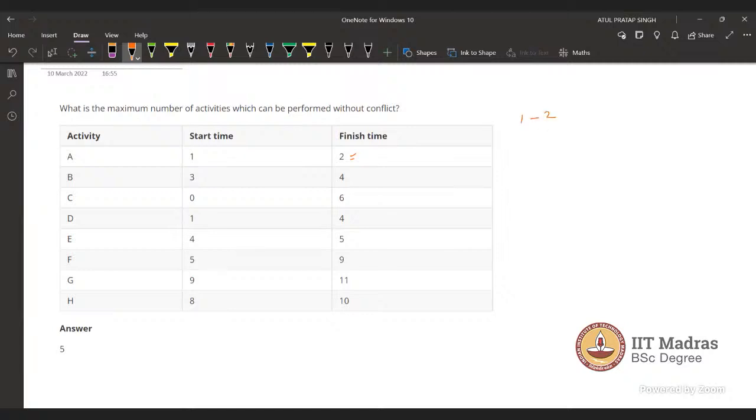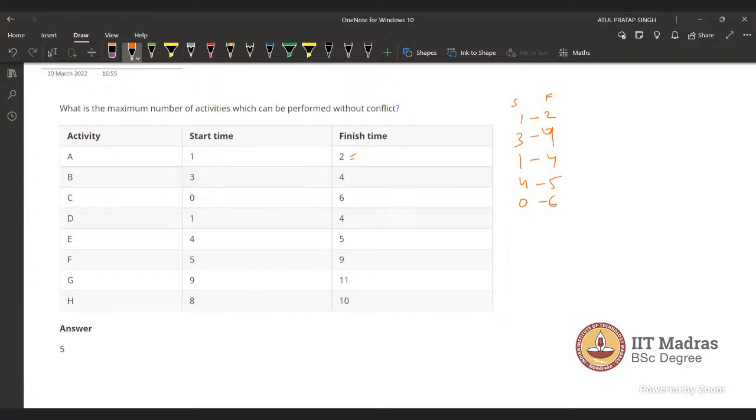I'm not mentioning the names of the activities, I'm just finding out how many maximum activities are possible. Next is 4, so we can choose 3 to 4 or 1 to 4. Next is 5, so 4 to 5. This is the start time and this is the finish time for every activity. And next is 6, so 0 to 6.